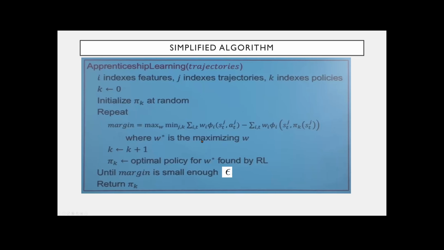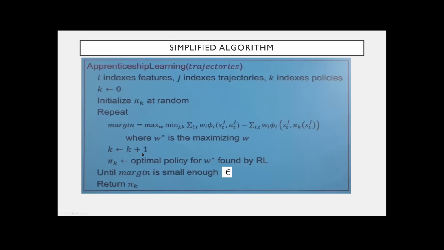Now, once I have this w that can maximize this difference, I'm going to store that as w star and increment my k, and I'm going to approximate a policy pi k after following this reward function of w star and the set of features.